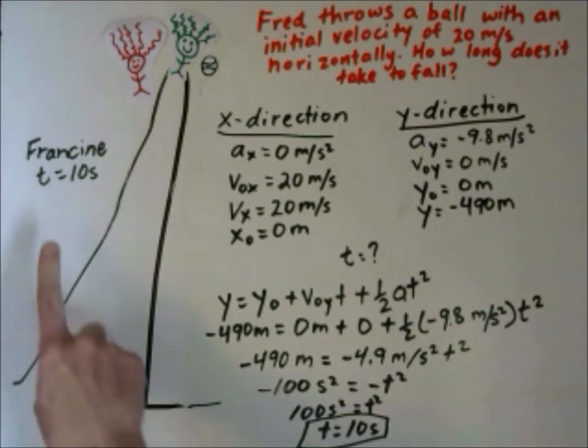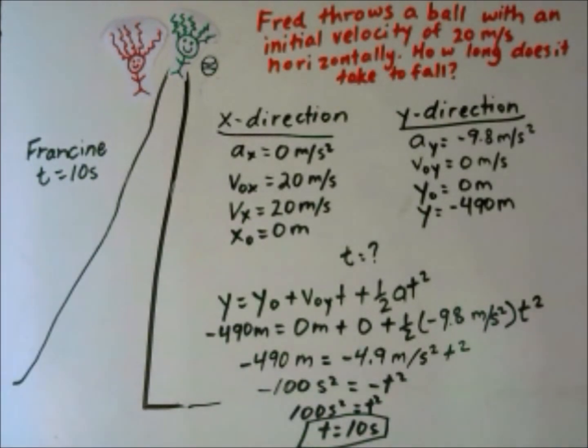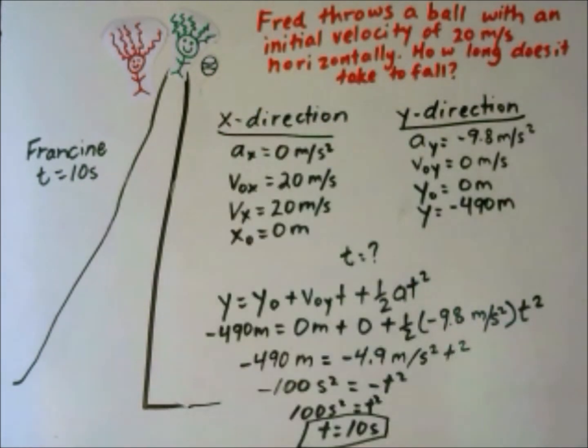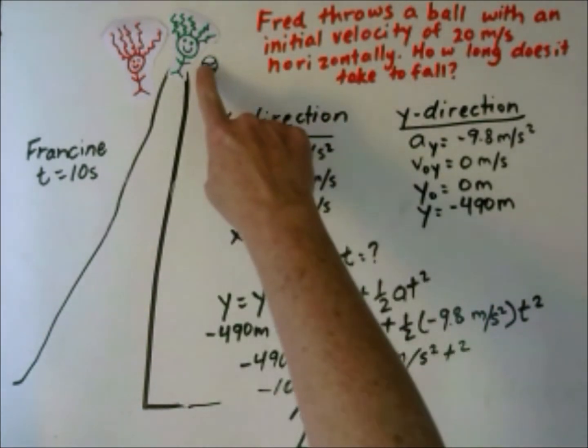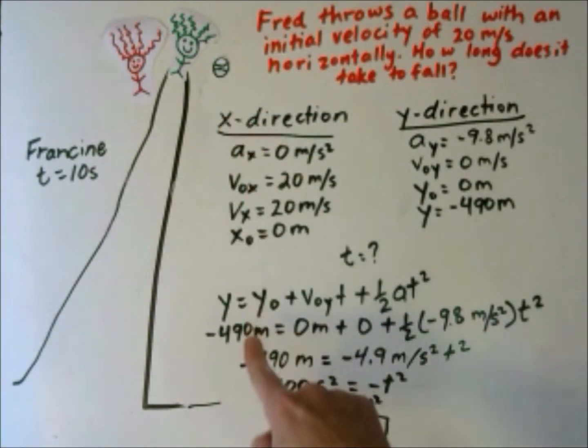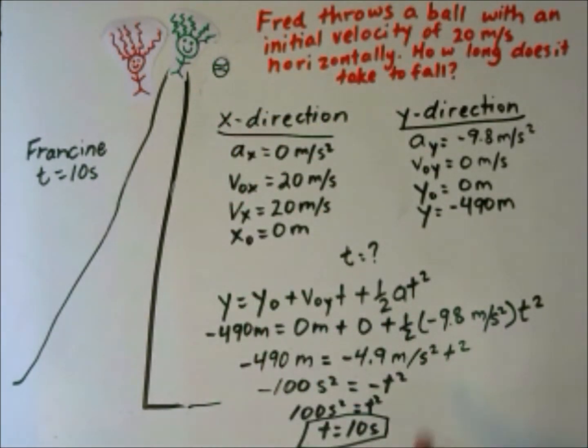That's the same time it took Francine's ball to fall. Why is that? Well, think about how the x and y motions are completely independent. So both of them started the ball in the y direction without movement. He started by throwing his in the x direction, but that doesn't affect the rate at which the ball falls. So his ball will take the exact same time as her ball to fall to the ground.